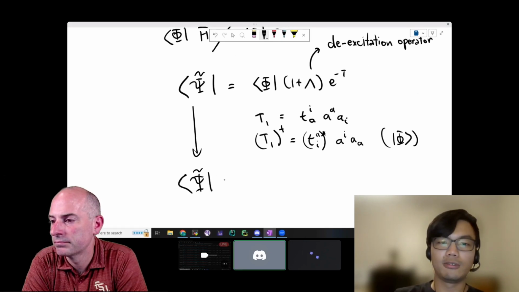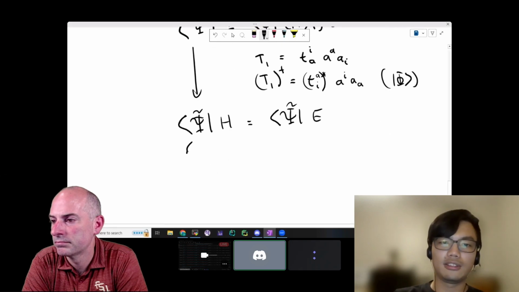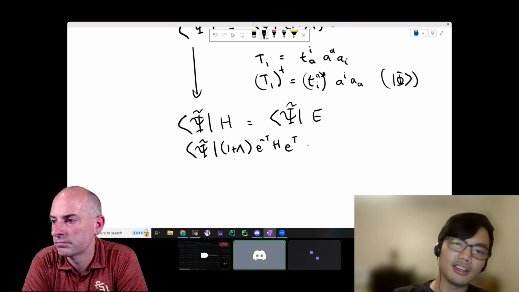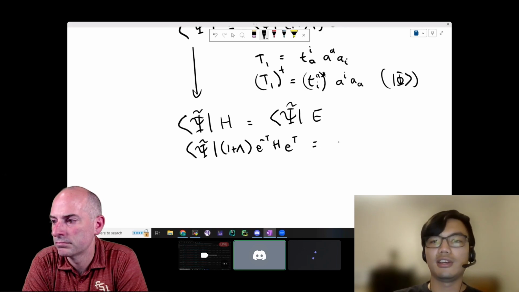So basically, if you plug this into the Schrodinger equation, H, and do a certain manipulation, like 1 plus lambda e to the minus T H, and then you can multiply from the right now by e to the T, and then you can have this.